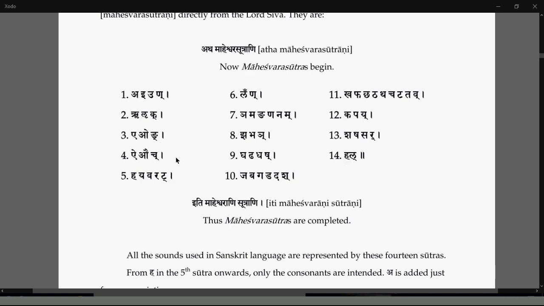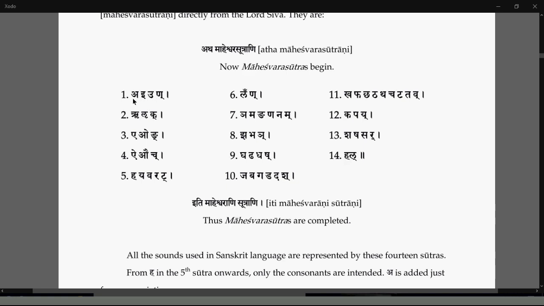These are the first 4 sutras which collectively stand for the entire set of vowels, from a to the chakara at the end, which is a consonant. In every sutra the last consonant is not part of the letters which are mentioned.